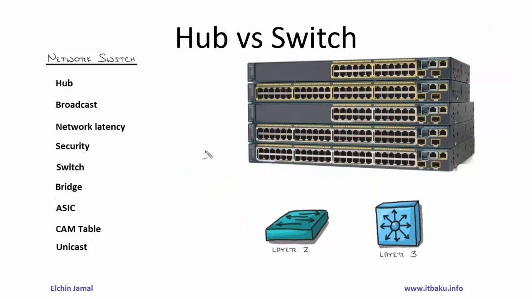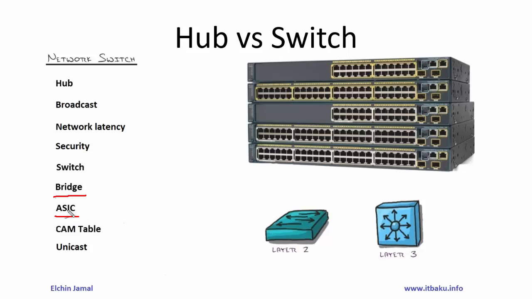How does a switch work? A switch uses a technology called bridge. This bridge technology is integrated into a chip called the ASIC chip, which is placed on the motherboard of our switch.